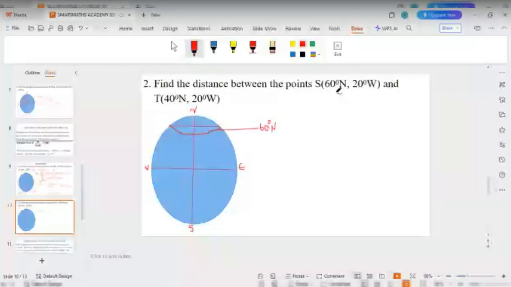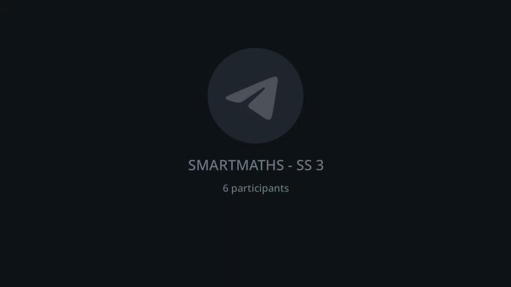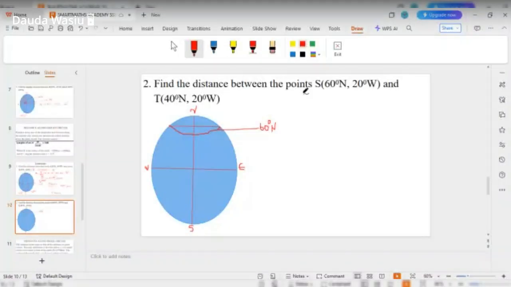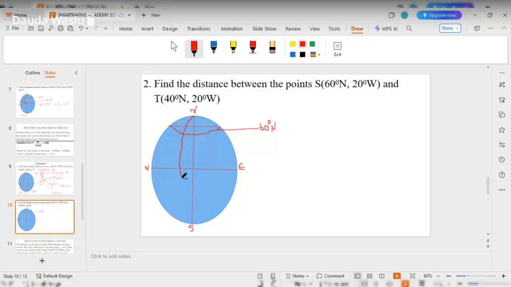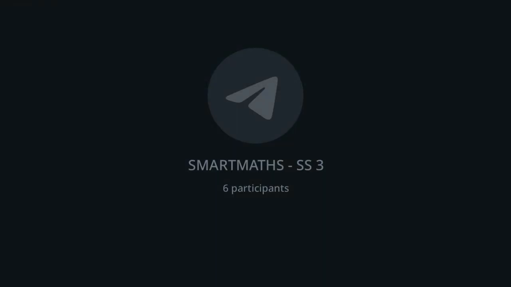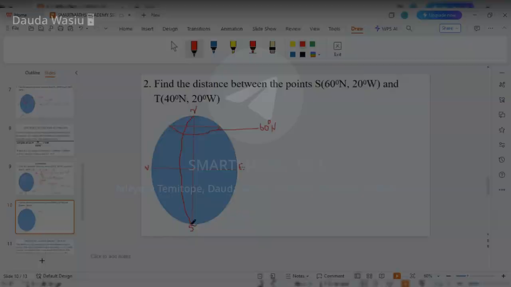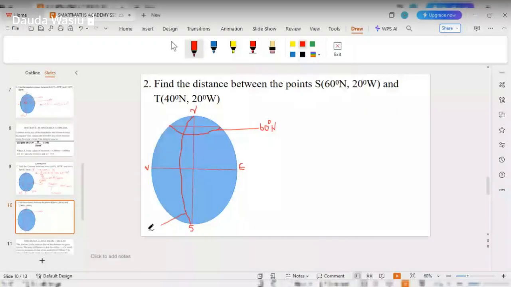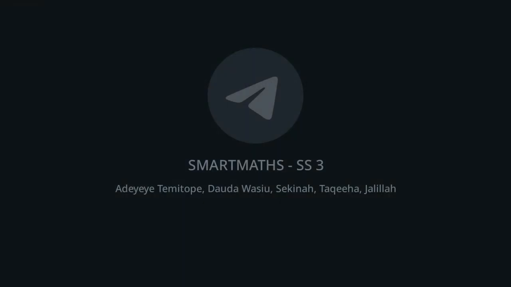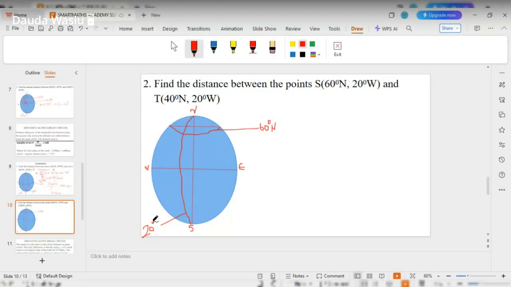So point S is 60 degrees north. We have it here. 20 degrees west. Come to the west side of the meridian. Locate your 20 degrees. So this is 20 degrees west.